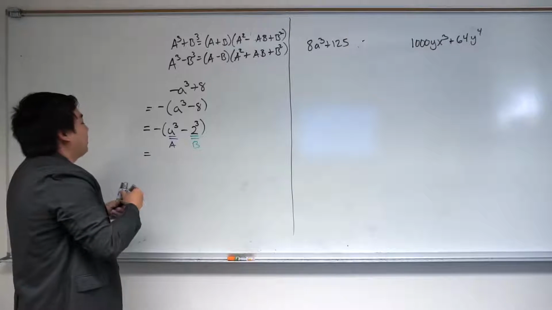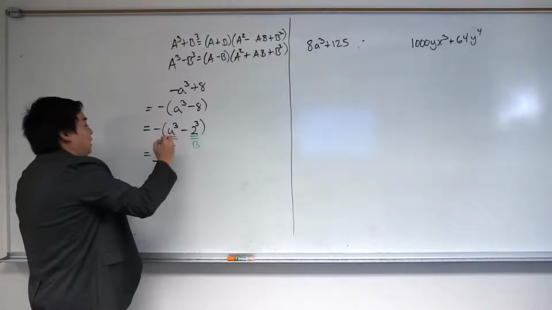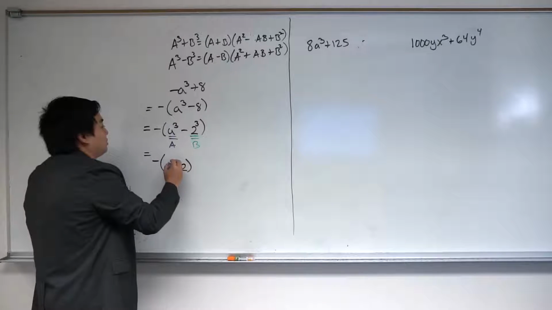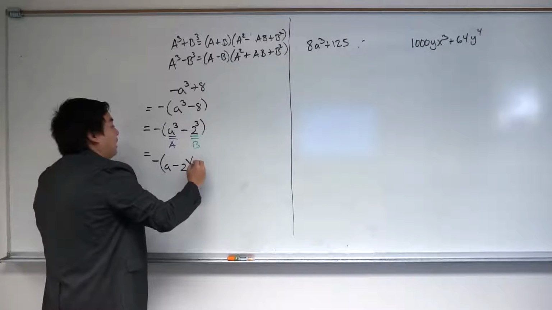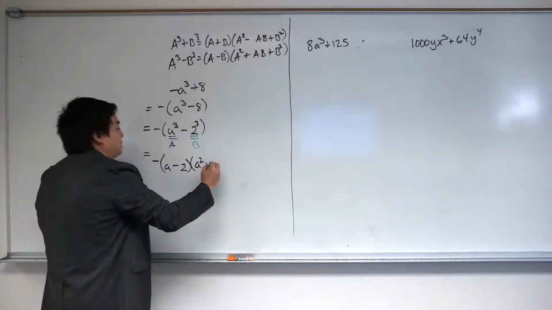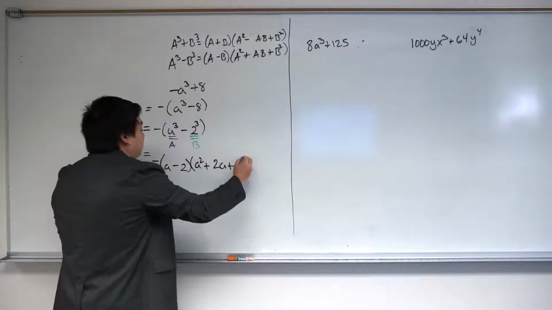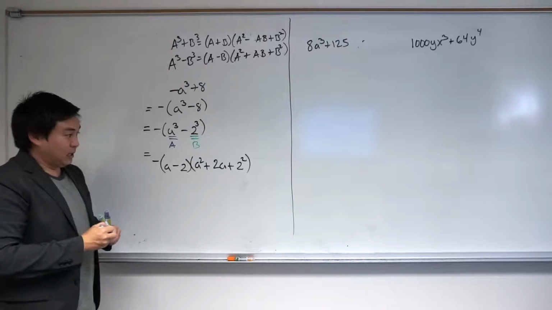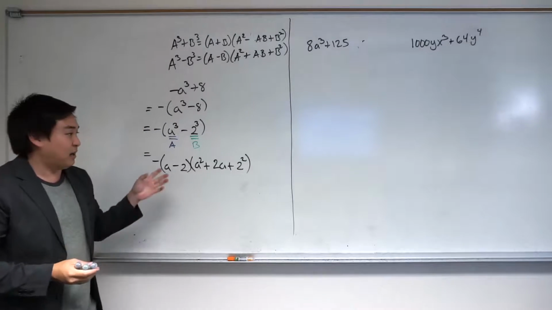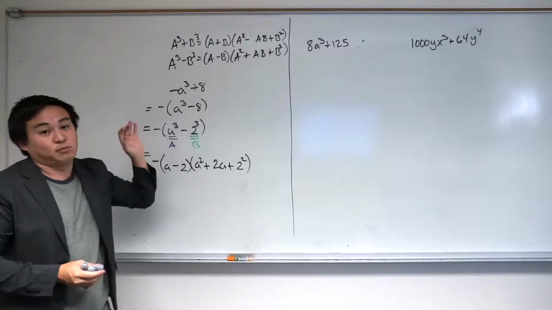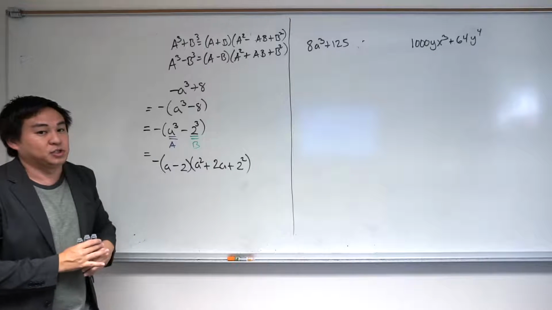If I plug directly into the formula, I get a minus 2 times a squared plus 2a plus 2 squared. And that's the end. Once you have the a and the b value, just plug them directly into each of the places they're supposed to be, and you get your answer.